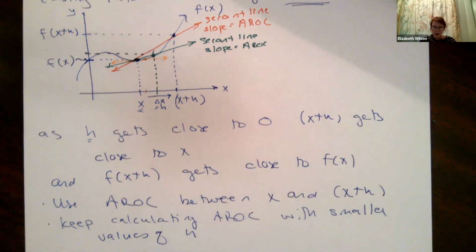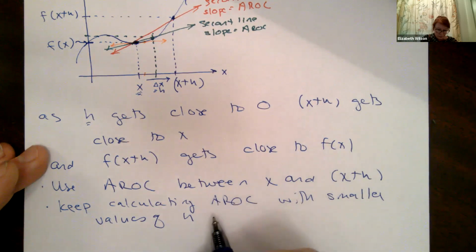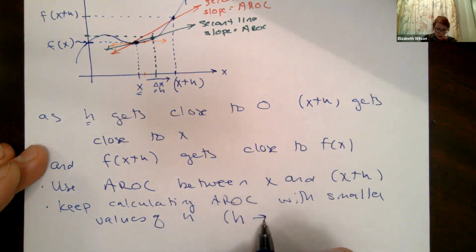Right? So I'm going to keep calculating the average rate of change with smaller and smaller values of h. Okay? So we say as h approaches 0.